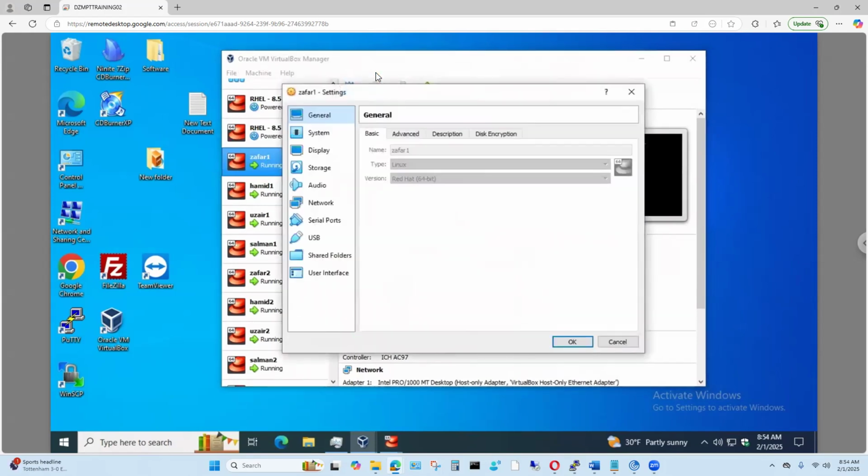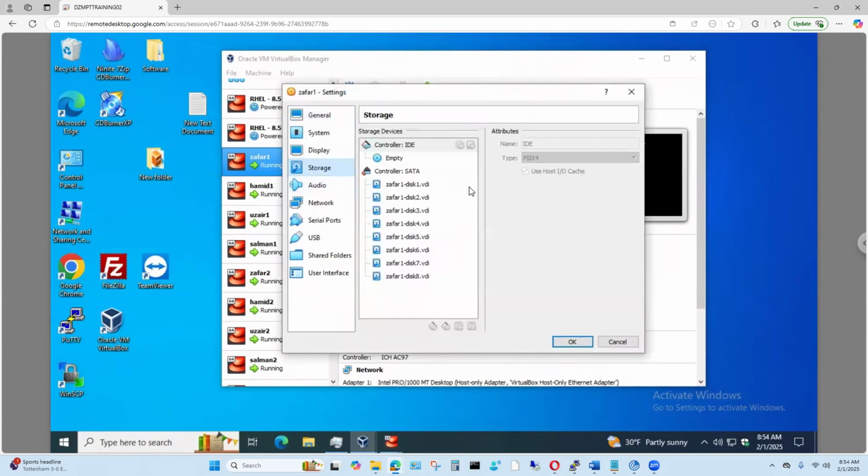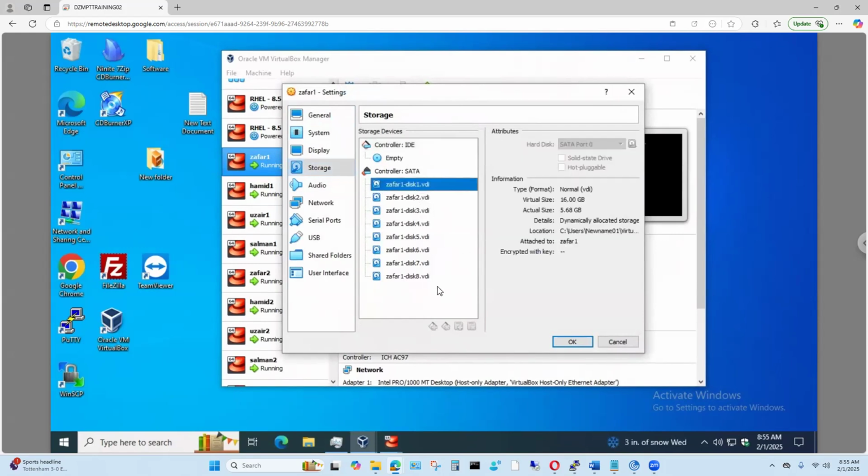If you go into settings and click on storage, I see the hard disks attached to this system. How many do I have here? Can somebody take a guess? 8. Yeah, 8, exactly. I have 8 disks here. So let me take a screenshot. What's the difference between actual size and virtual size?